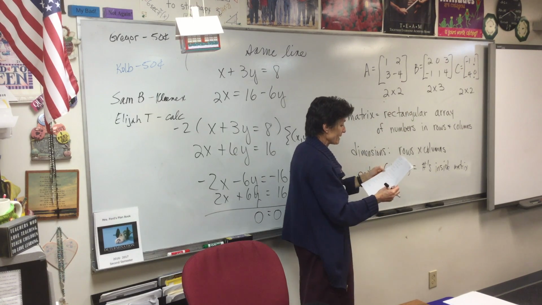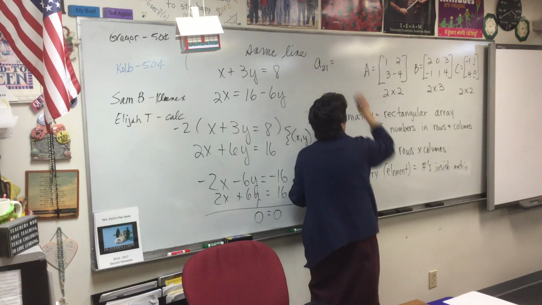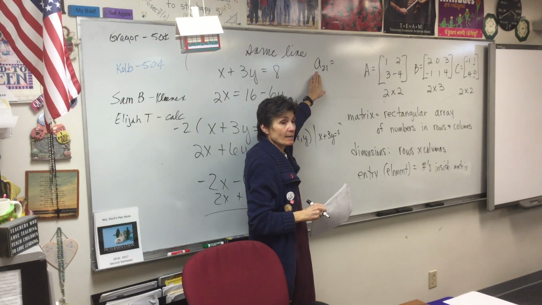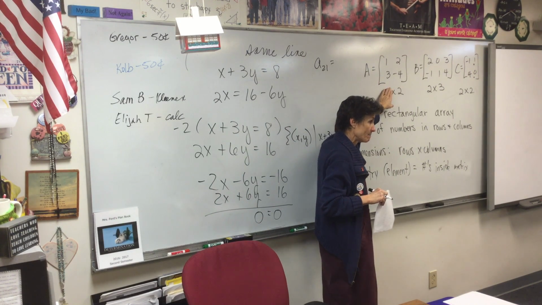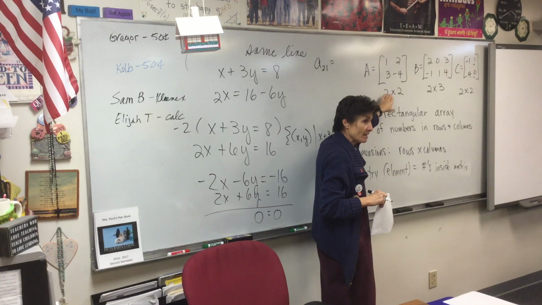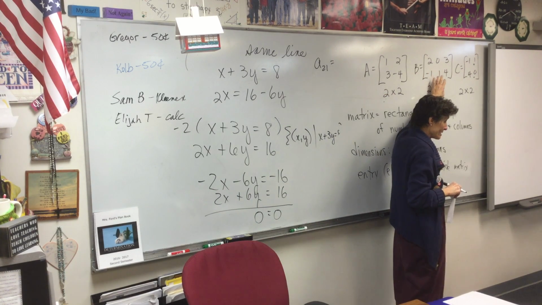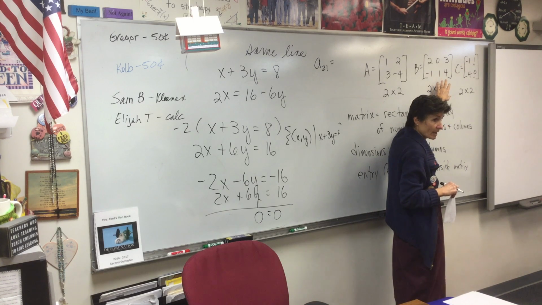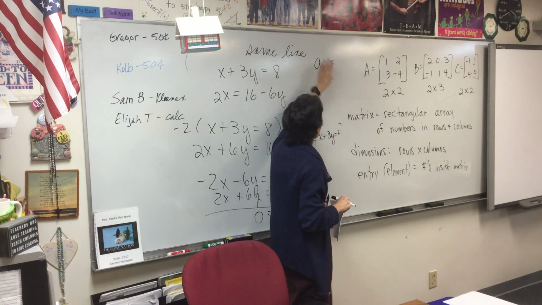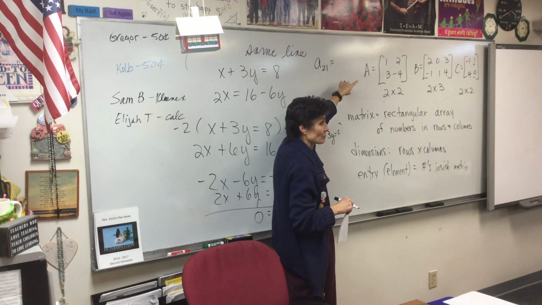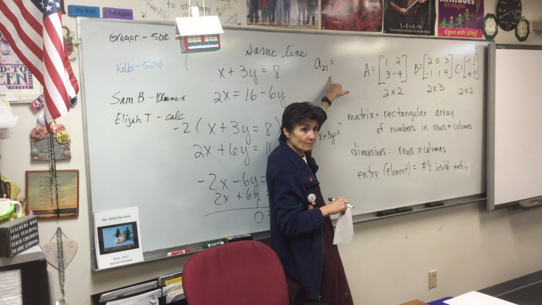If we're using a little a, like problem B says, a sub 2,1, then that immediately means we're talking about the numbers inside matrix A. If we use a little b, we're talking about the numbers inside matrix B. It's like a secret code. Now, when we see this 2,1, the 2,1 tells me which number to look at.